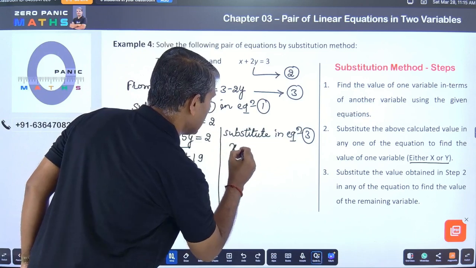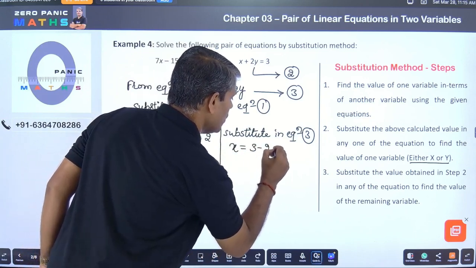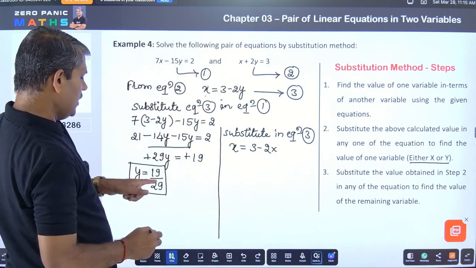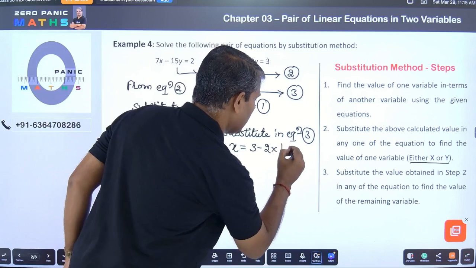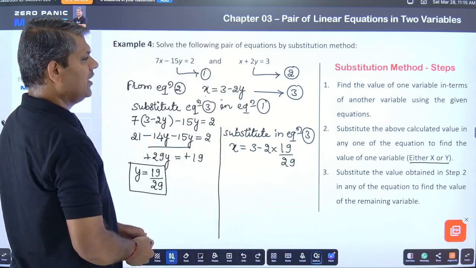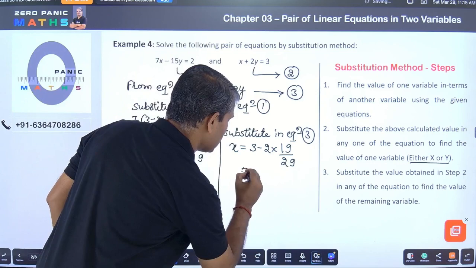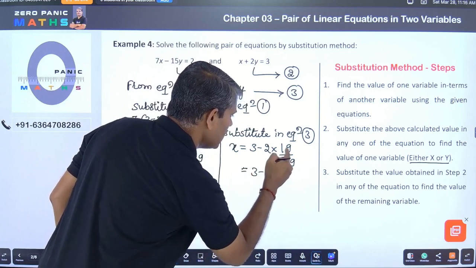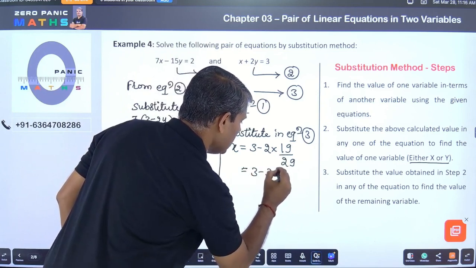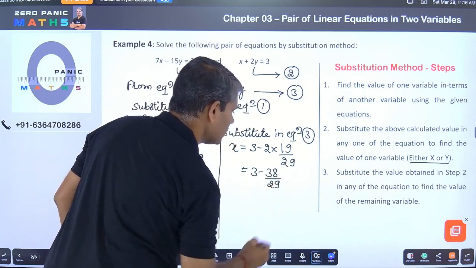That is x is equal to 3 minus 2 into 19 by 29, right? Y is 19 by 29. So what is this exactly equal to? 3 minus 19 2s are 38, divided by 29.